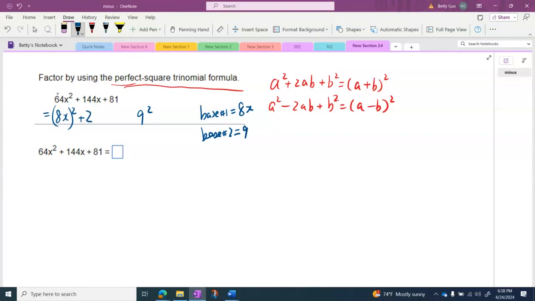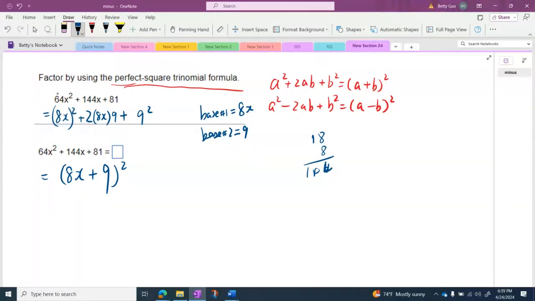The middle term has to be twice the first base times the second base. Just to double check, and it is. 2 times 9 is 18. 18 times 8, 144. So we are going to write this trinomial as a square of a binomial sum. First base plus second base.